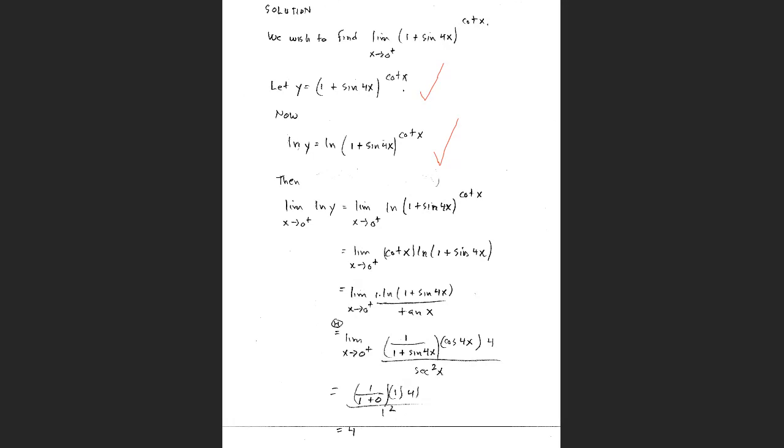So instead of looking at the limit of that function as is, I'm going to study the limit of the log of that function, because that's easier to work with.